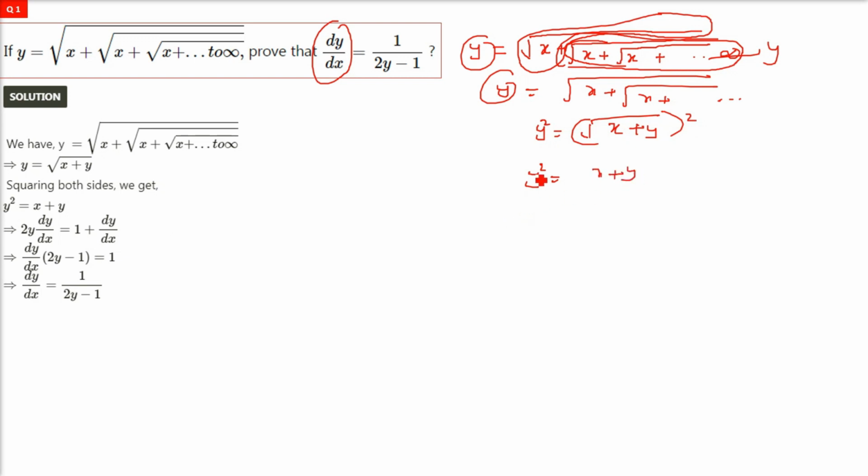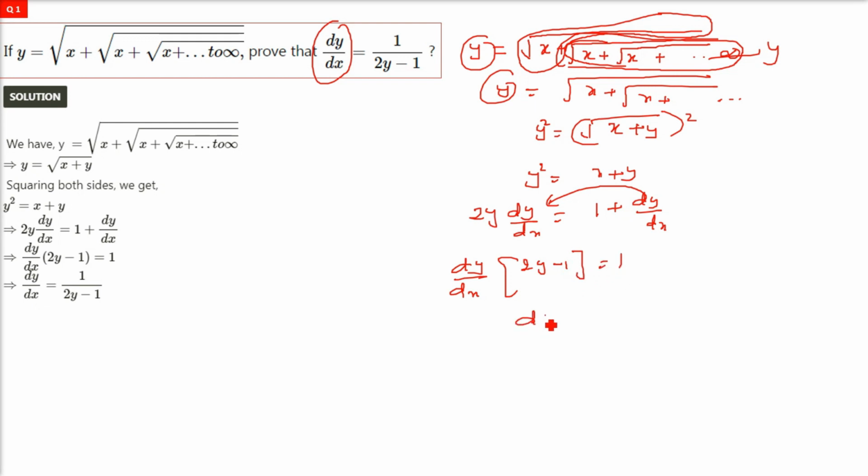This y square will be 2y dy by dx, and then differentiation of x is 1, and y is dy by dx. Now you can bring this dy by dx here and take dy by dx common also. So you will get 2y minus 1 is equal to 1. So dy by dx will be equal to 1 divided by 2y minus 1. This is your answer.